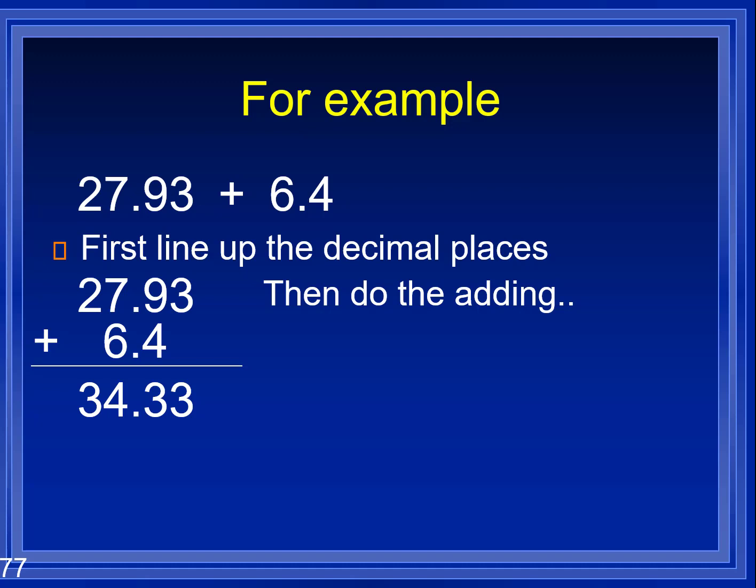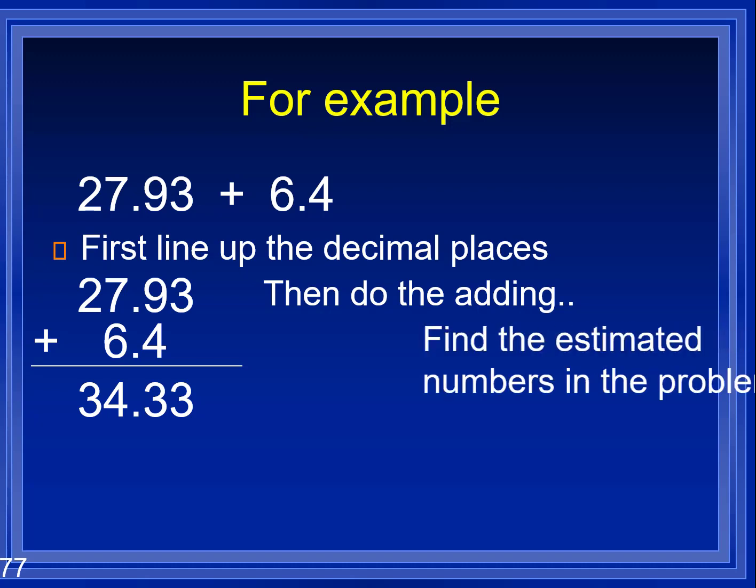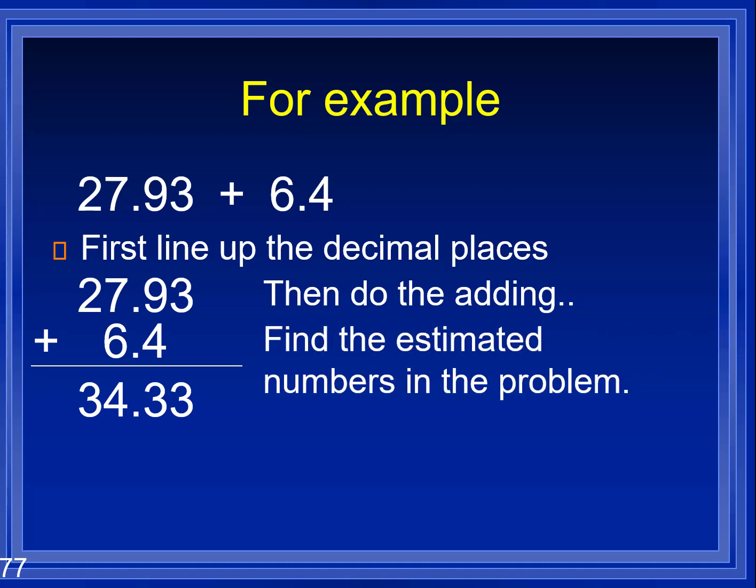So the mechanics is to find the estimated numbers in the problem. So in 27.93, what is the estimated digit? The 3 at the end, right? And in 6.4, what's the estimated digit? The 4. Whatever the last sig fig is, we're not sure of it. So that tells us these two things were measured on different devices.